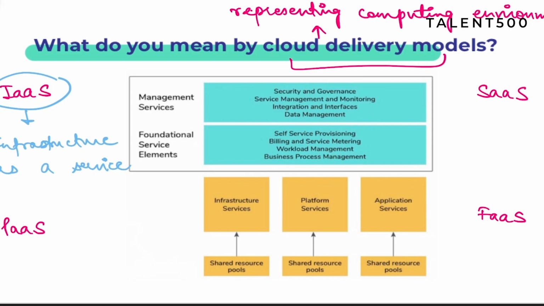The next one which we have is platform as a service. Now, why do we need this platform as a service? Basically, in this one, you are going to be combining two things: infrastructure along with either middleware services or some software development or deployment tools.